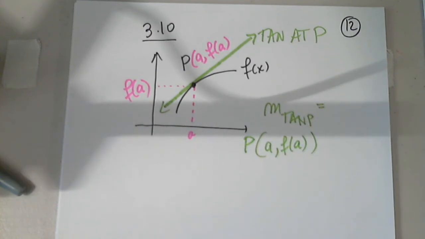Can anyone give us the slope of the tangent at P? Anyone? I know you know.